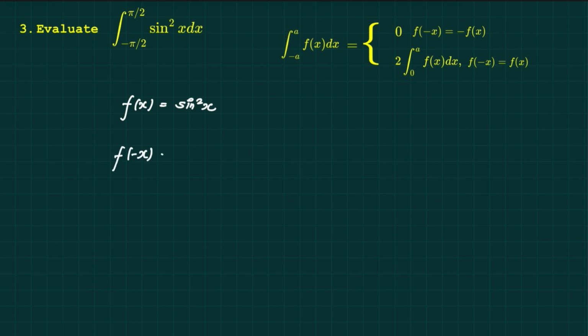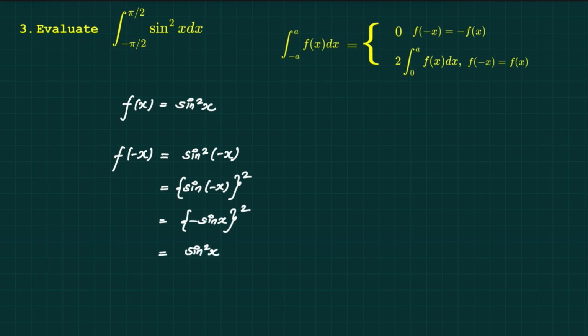The value of f of minus x will be equal to sin square of minus x, which equals sin of minus x whole square, and we know that sin of minus x is minus sin of x, whole square, and minus square is plus, and sin x whole square is sin square x, which is nothing but f of x, the original function.